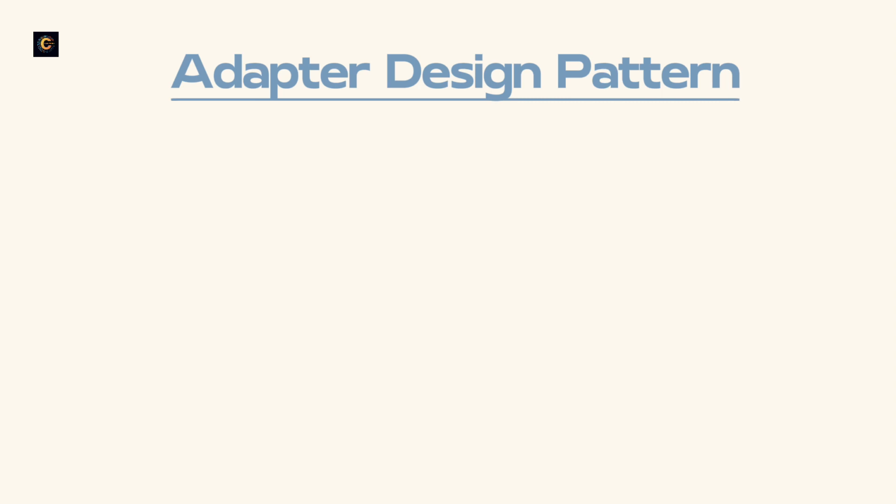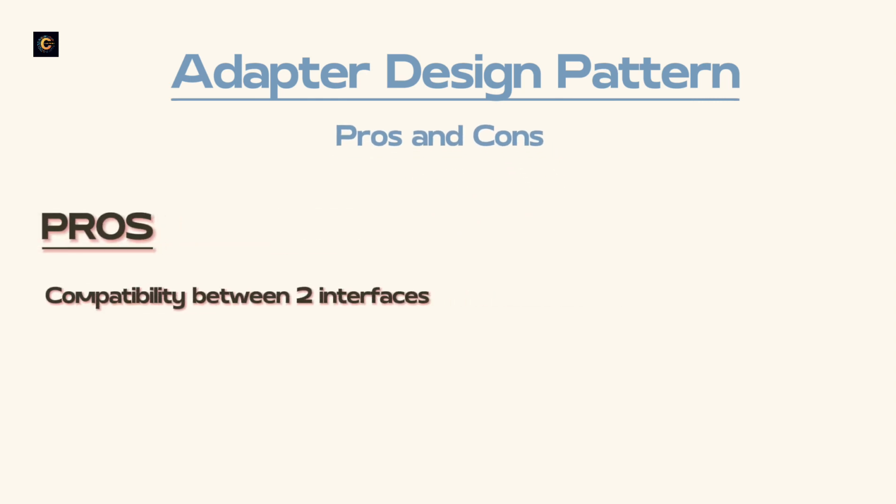Now, let's talk about pros and cons of using adapter design pattern. Compatibility. The adapter pattern helps make incompatible interfaces work together smoothly. It's like having a translator that helps two people who speak different languages understand each other. Reuse of existing code.